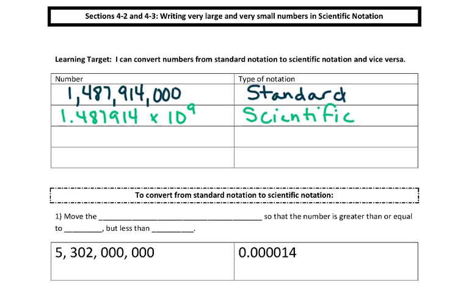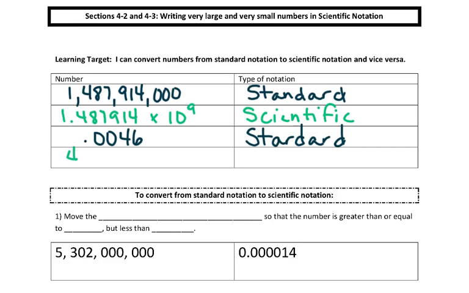Another number that we're going to have is 0.0046. That is a number that is in standard form. So standard form is what you would normally see numbers written as. We're going to take that and we're going to write that in scientific notation.